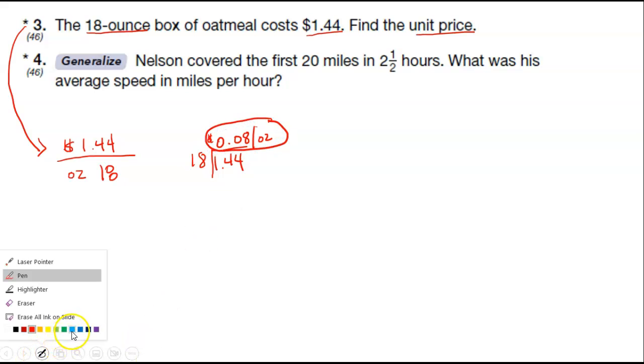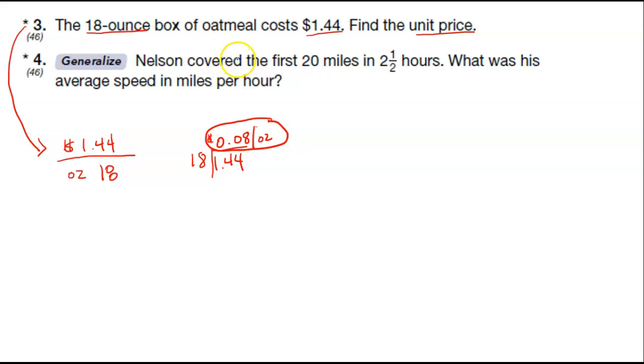Okay, grab a different color. Number 4, Nelson covered his first 20 miles in 2.5 hours. What was his average speed in miles per hour? So we want to know miles per hour. How many miles do we have? 20. How many hours do we have? 2.5.